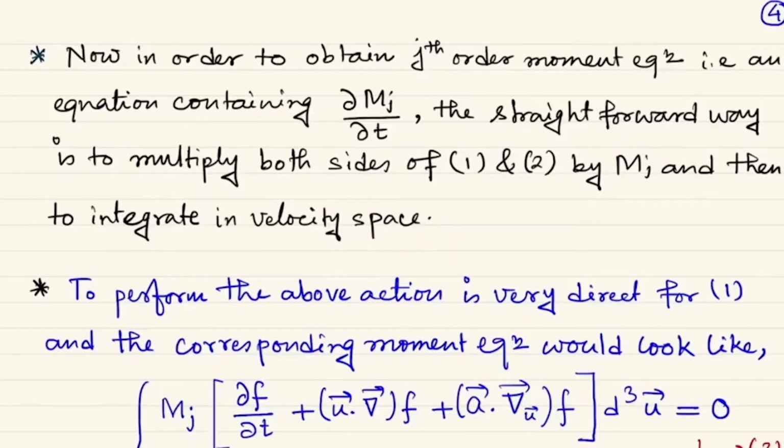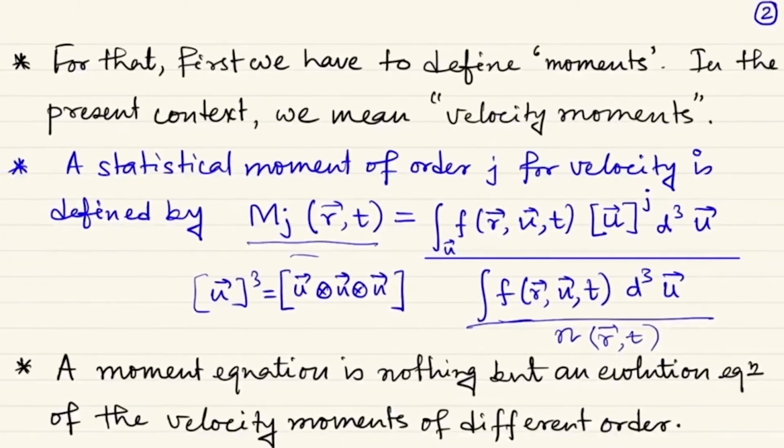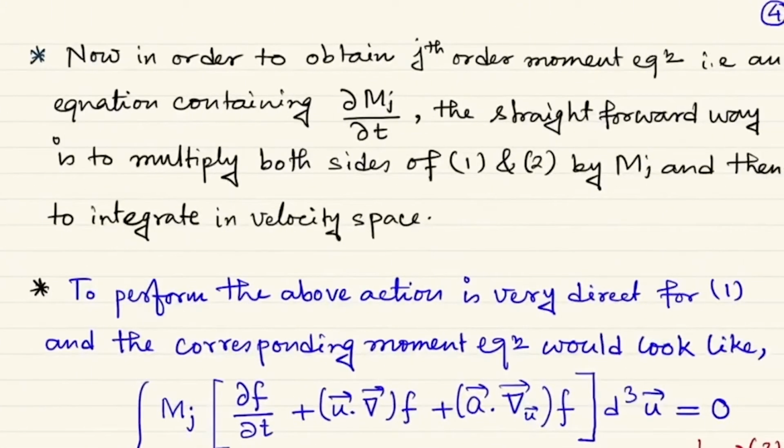Not really, just a minute. It is not m_j, I have to be a bit more clear: it is just u^j, sorry. First we have to multiply by u^j and then integrate in velocity space, because m_j is already integrated, so that is not the correct thing, sorry.